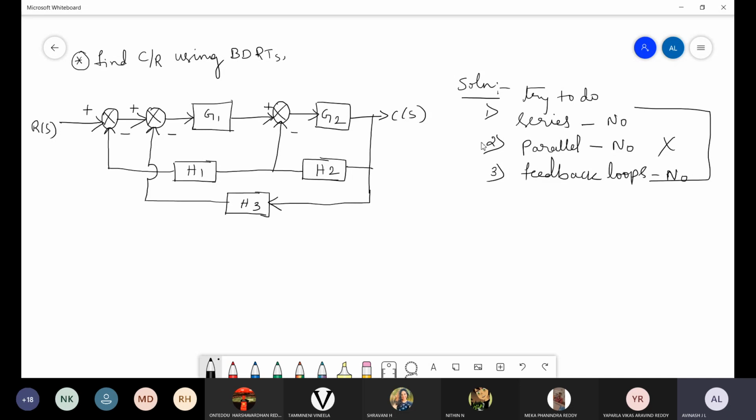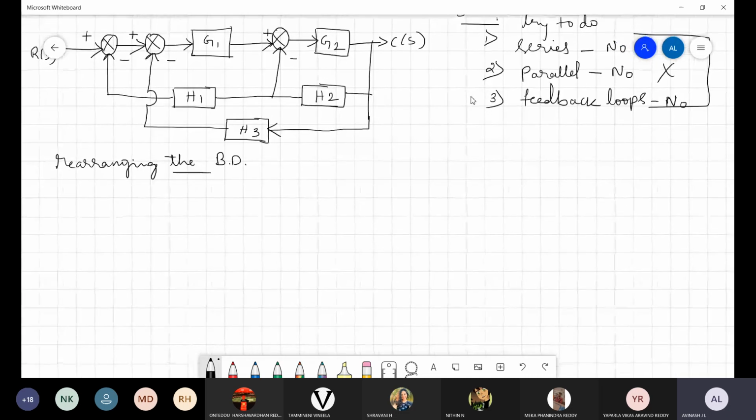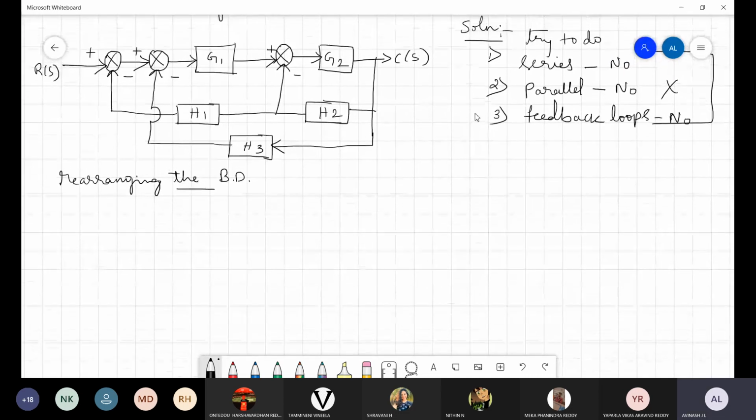Anything you want to take is troublesome. So what I will do is rearranging the block diagram. What exactly does rearranging mean?